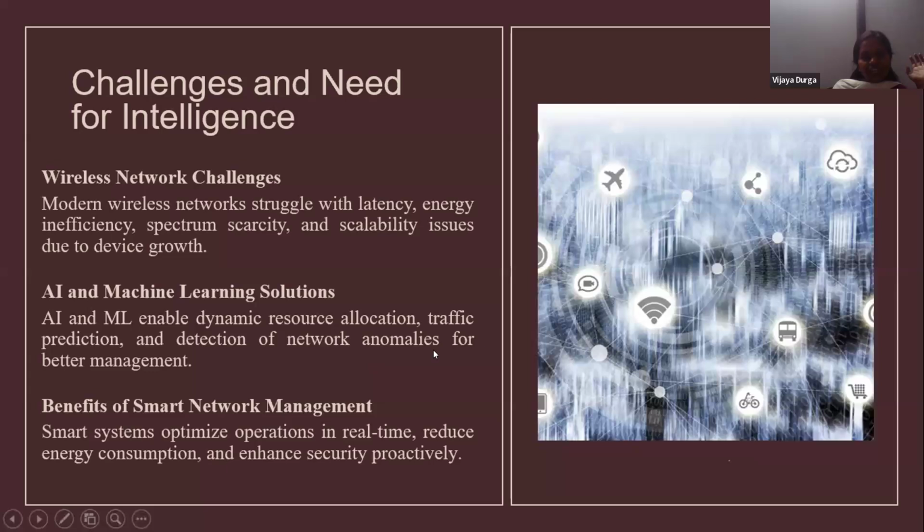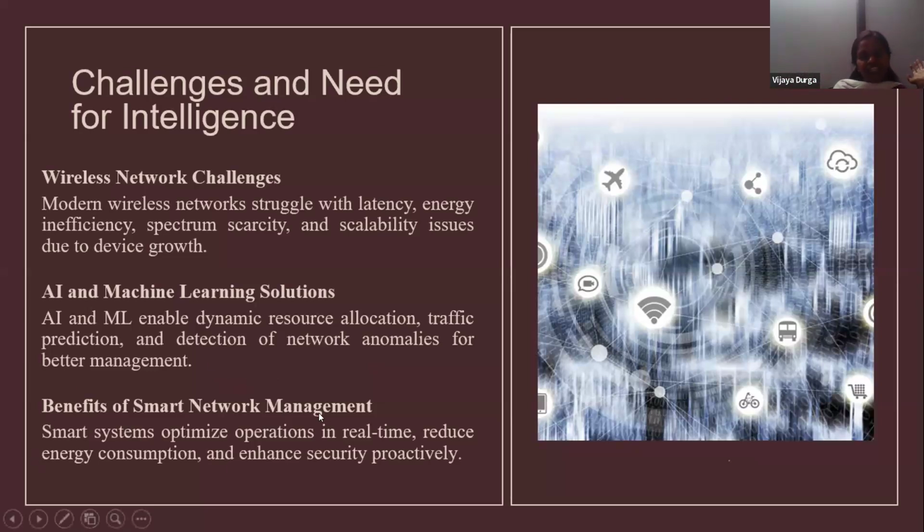And then detection of network anomalies for better management. That means any network issues, it can also measure, depending on environmental issues or anything. Based on this real, that means dynamic, data, we can take proper decisions due to the addition of AI.